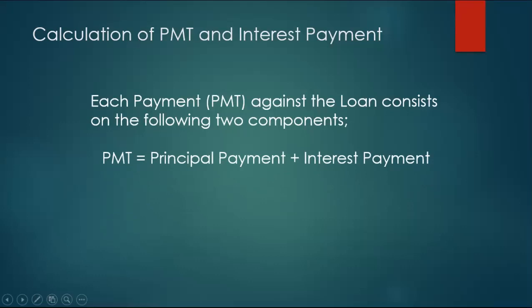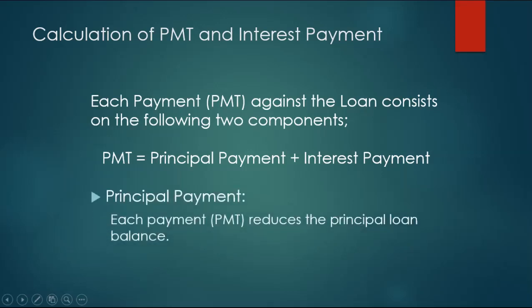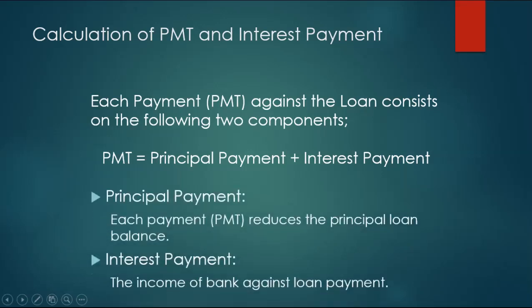This means if we pay the bank one payment in a year, we are actually paying two things to the bank. First one, the principal portion, which will be deducted in the loan balance. And the second thing is the interest payment, which is the profit of the bank or income of the bank.